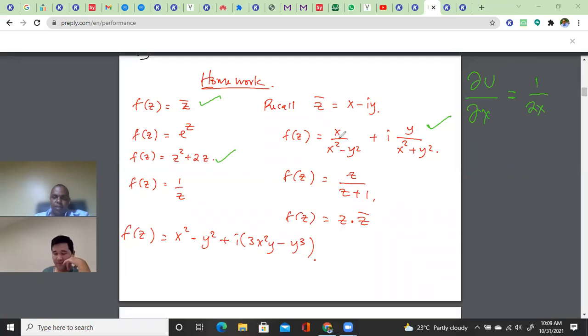You must remember the differentiation rules. So I need to use them.